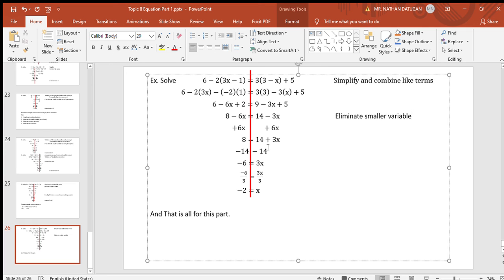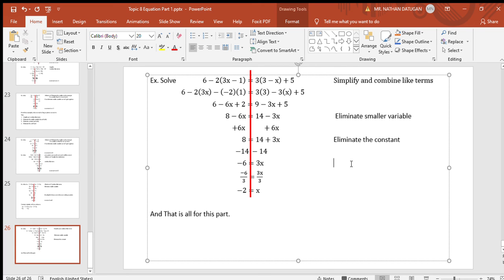So now we want to get rid of 14. We want to get rid of the constant. How? Well, we're going to subtract 14 from both sides. Let's start with this side. 14 minus 14 is 0, so we're left with 3x. And 8 minus 14 is negative 6. So the answer is negative 6 is equal to 3x.